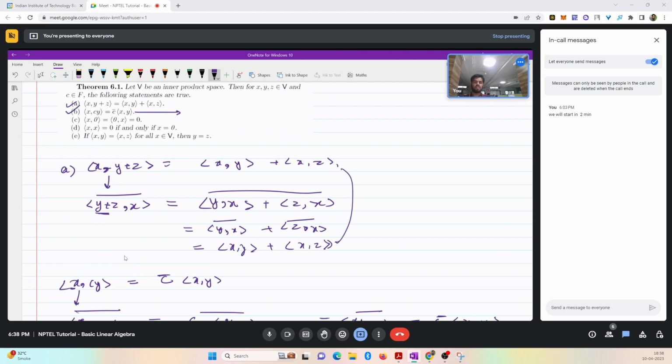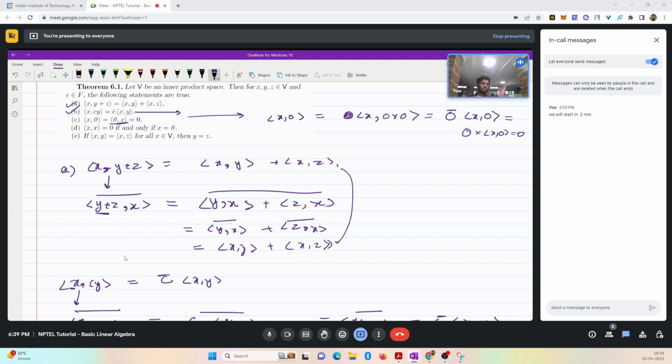Okay. Now again, this I'll prove here only. If you have 0 over here, you can write this as <x, 0·0>. This would give you 0 conjugate times <x, 0>, which is equal to 0 times <x, 0>, which is equal to 0. Similarly, for this one also, you can show that it is 0.